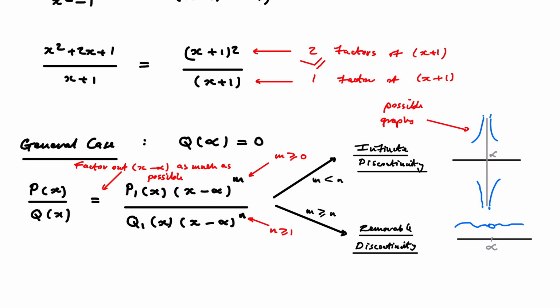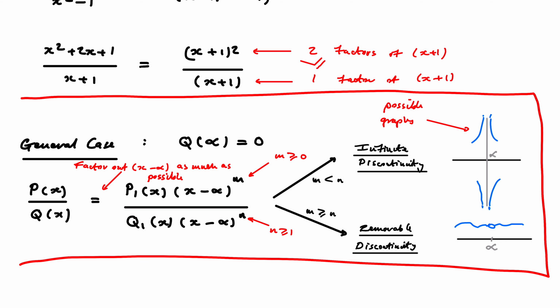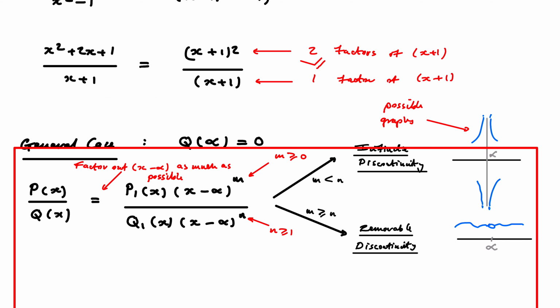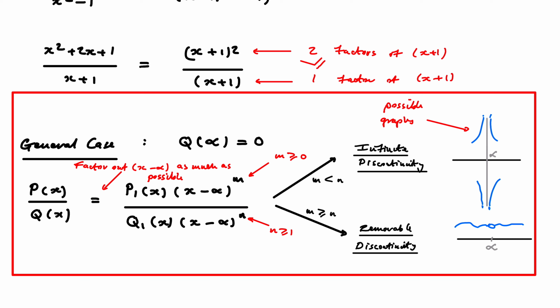It's really useful to know this before you go into calculus, so that you can be aware of the basic story. When you do calculus, the process of finding infinite discontinuities is much broader than just rational functions.